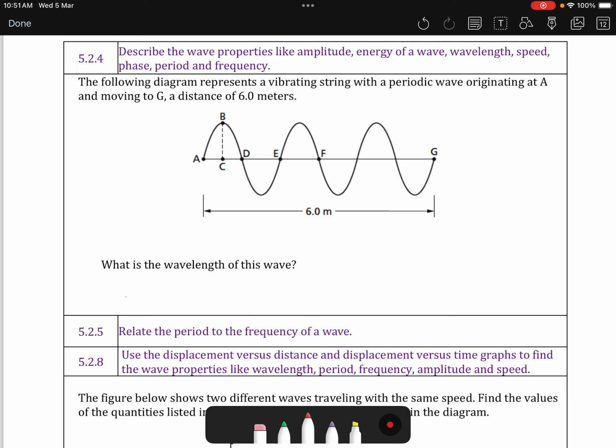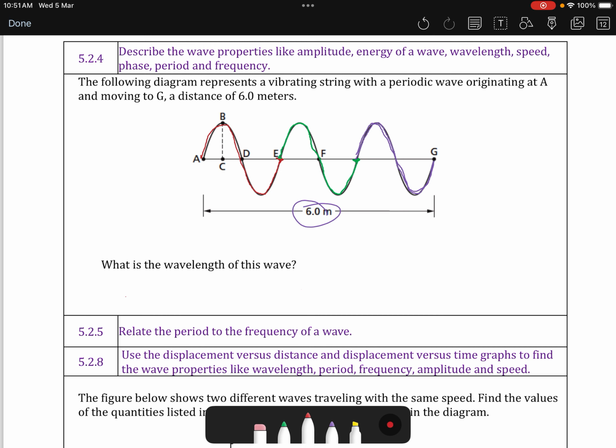So, this is 1, till here. This is 2. And this is the third one. So we have 3 waves in 6 meters.